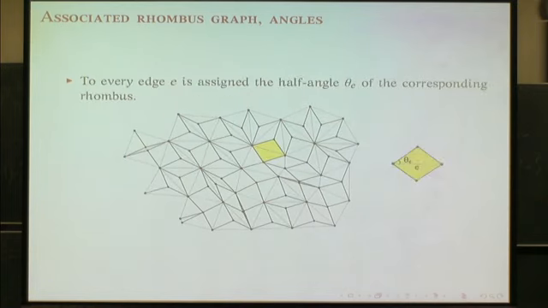And so with this, you can assign to every edge of your original graph a rhombus. And what will be important for us is this angle. So to every edge e, you can assign an angle theta_e, which is the angle of the rhombus at the vertex it has in common with the graph. Okay?